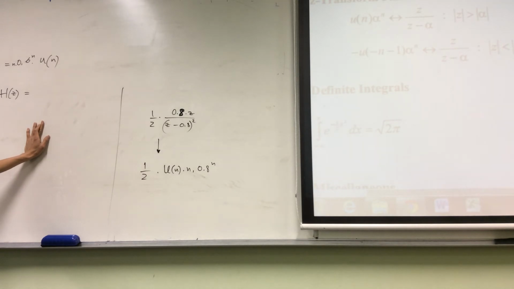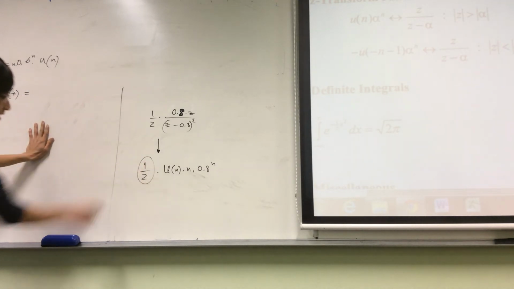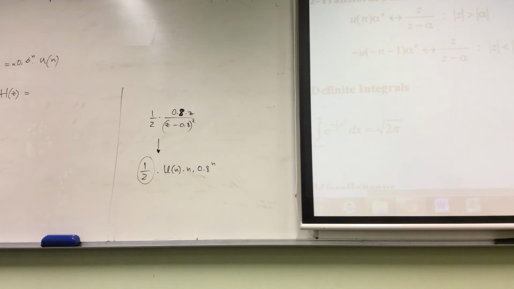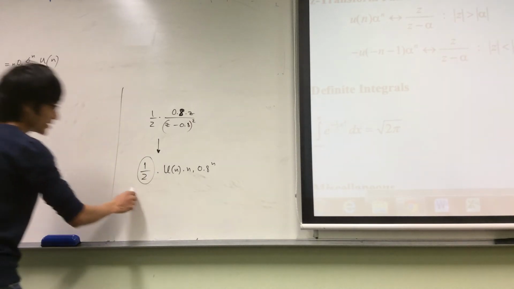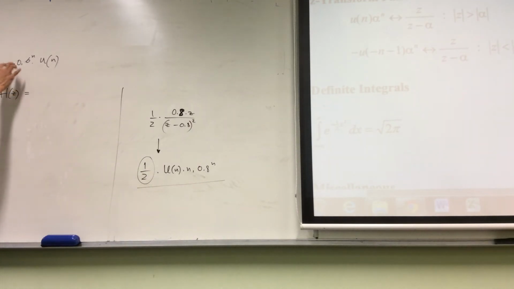Last one was 0.4, now it's 0.5, because we try to make it look like that. So you've got 1 over 2 on top, fixed from the previous one.